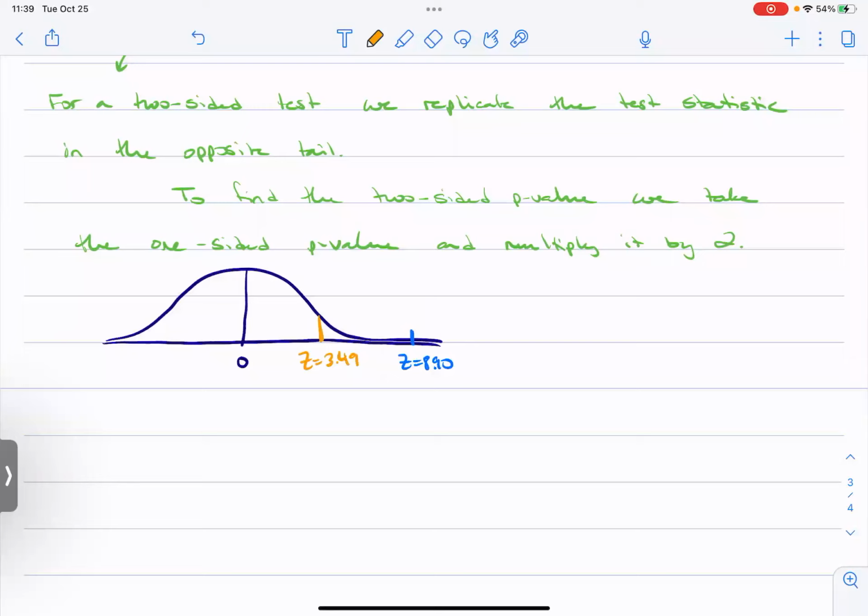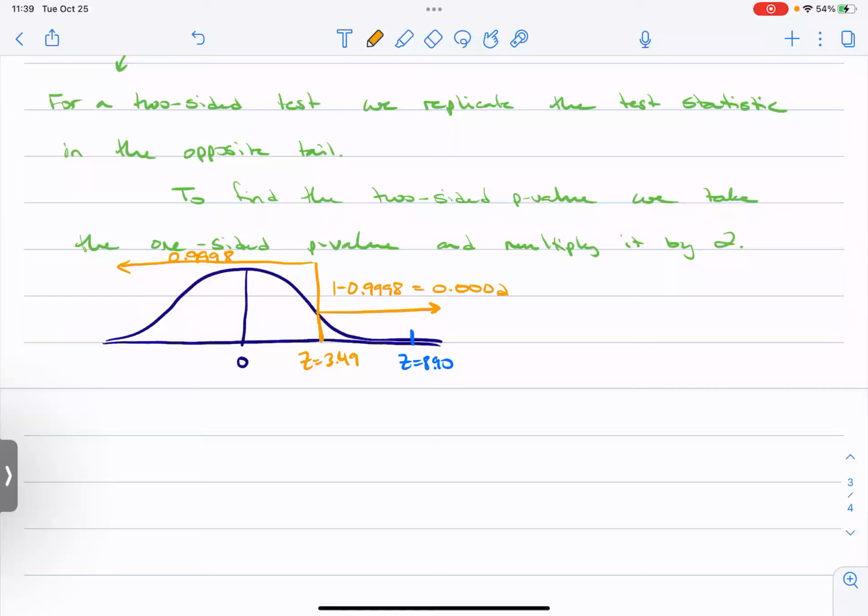This is a number line centered on 0, and so 3.49 is to the left. With a little bit of practice, we can see that this area to the left is 0.9998, which makes this area 1 minus 0.9998, which is 0.0002.